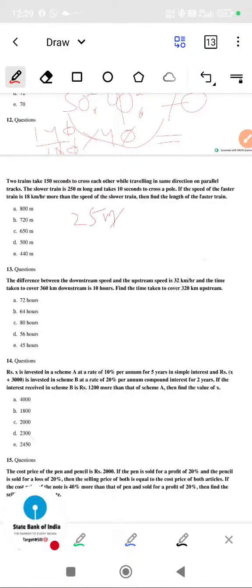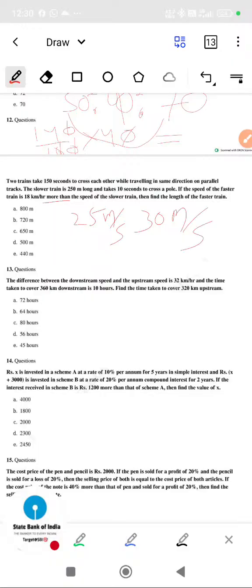If the speed of the faster train is 18 kilometers per hour more than the speed of the slower train, we need to convert 18 kilometers per hour into meters per second, which will be 18 into 5 by 18. So we get 5 meters per second. It is talking about more, so 5 meters per second more means 30 meters per second. So we get the speeds of both the trains.